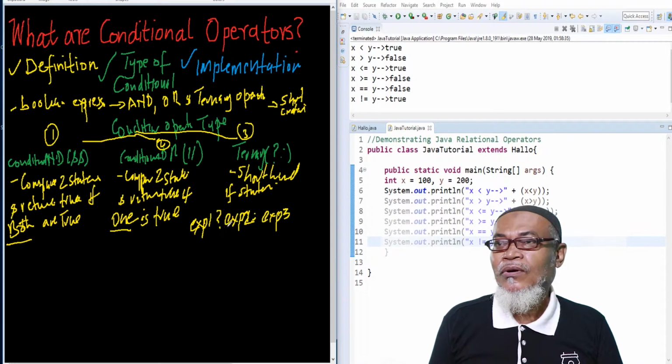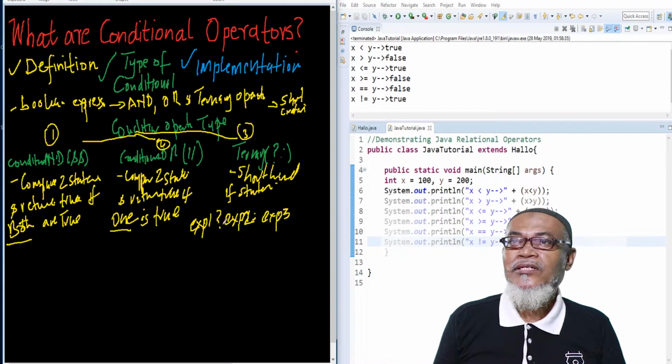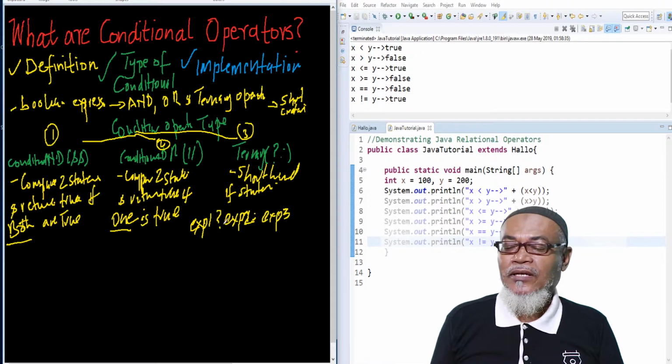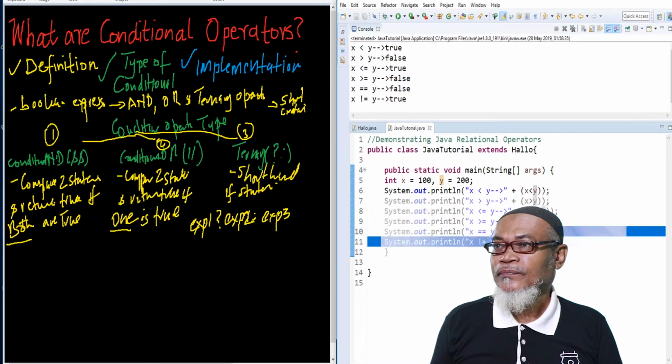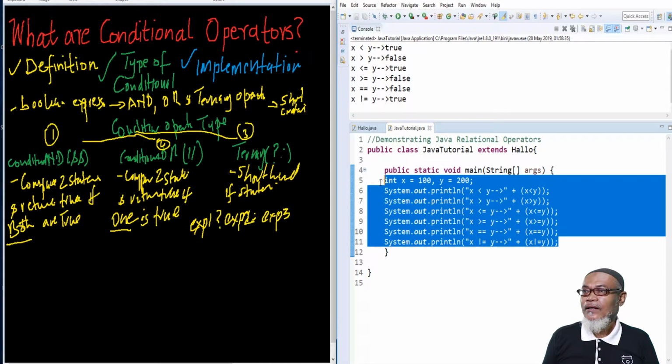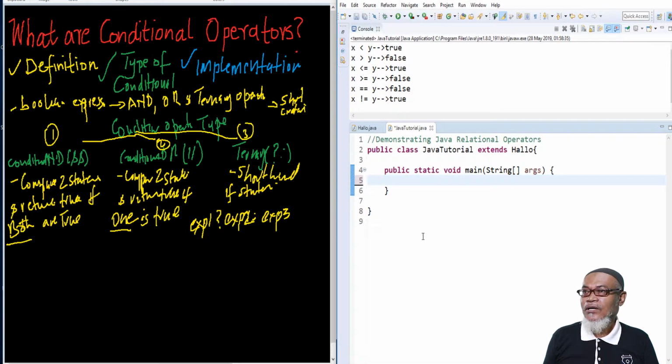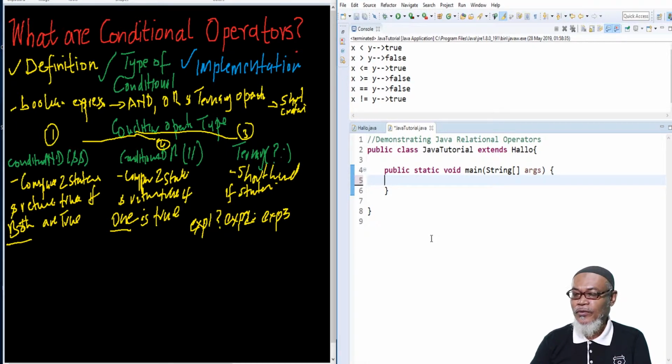Let us understand more about these conditional operators in Eclipse, so that we can make a judgment. Here is what we had before. Let us put up a new piece of code.